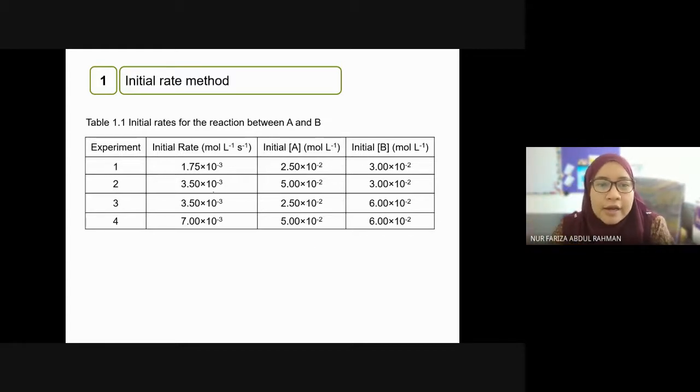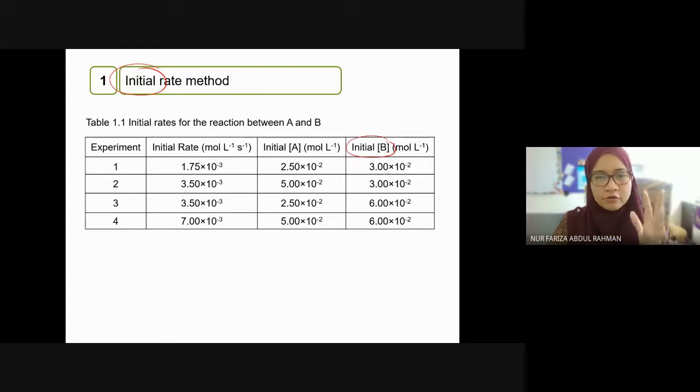Okay. Alright, so this is the series of experiments that will normally be given to you, so that you can determine using the initial rate method. Okay. Remember, our target is to determine the order of A and B. So these are the rate, and these are the initial concentrations. Okay, like I said, initial rate method at the beginning of the reaction, and then initial [B].